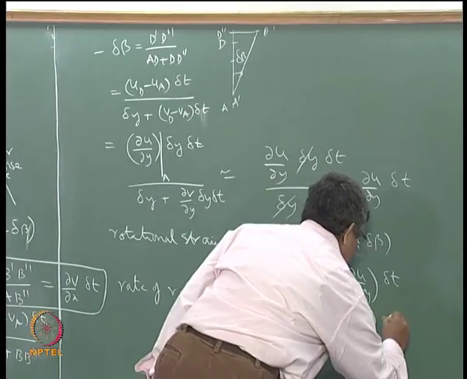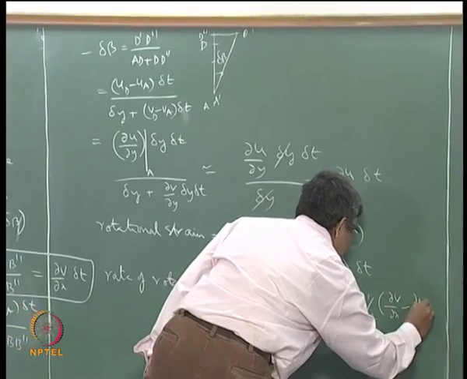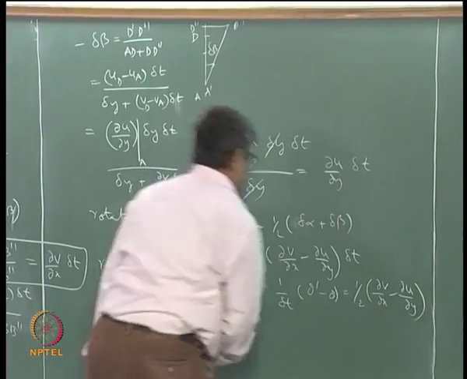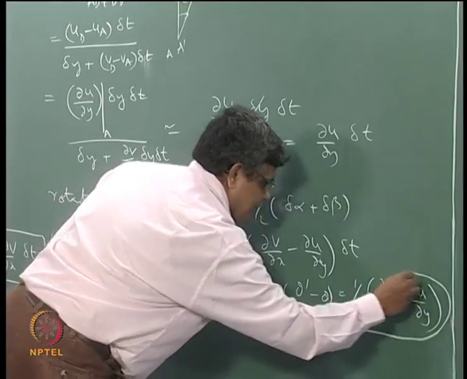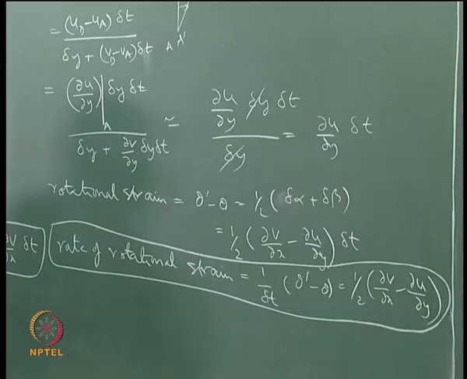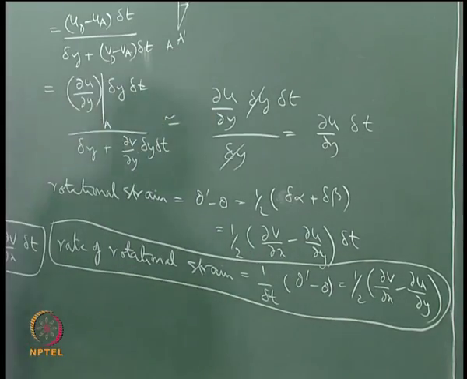So, that is equal to half of dv by dx minus du by dy. So, the rate of rotation strain is expressible in terms of velocity gradients of a certain combination. Okay.